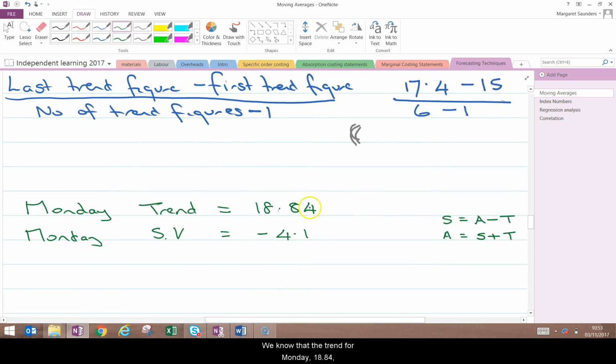So we know that the trend for Monday is 18.84, seasonal variation minus 4.1, add them together, and we have 14.74. And that is our forecasted sales for Monday of week 3.